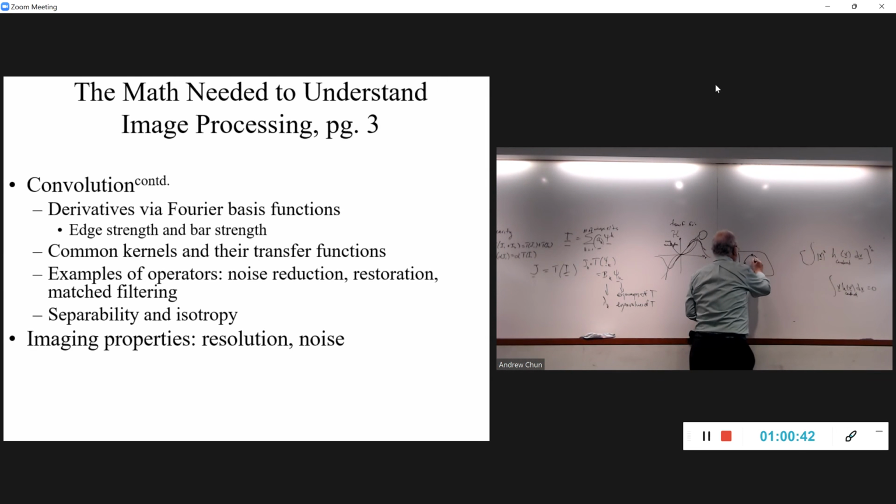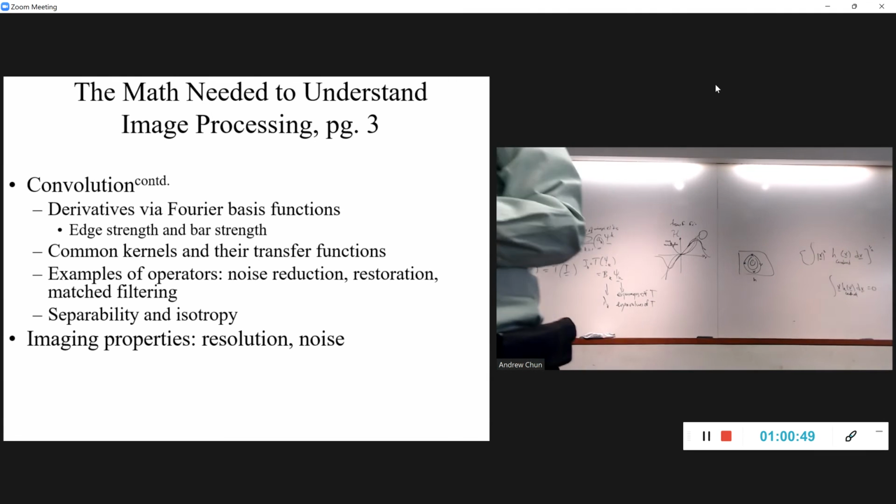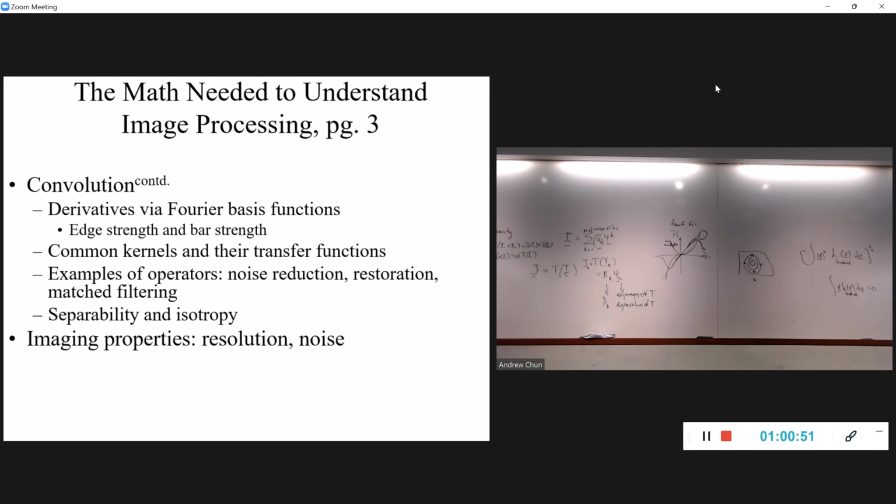And that was true no matter what distance from the 0 position. So we had this rotational symmetry, which corresponds to isotropy of an operator.